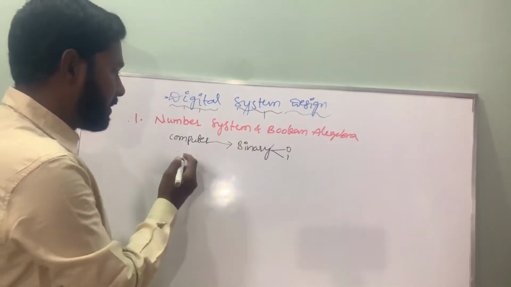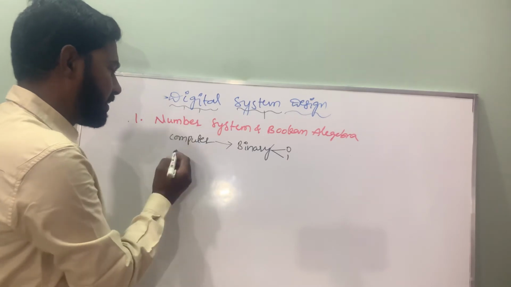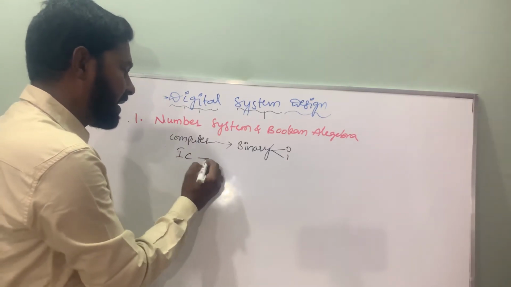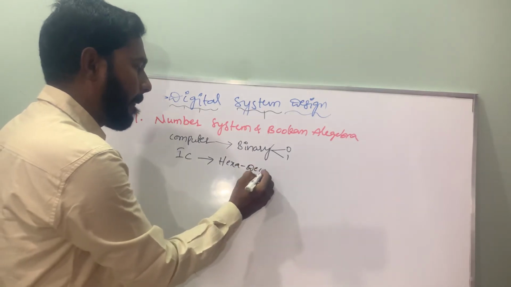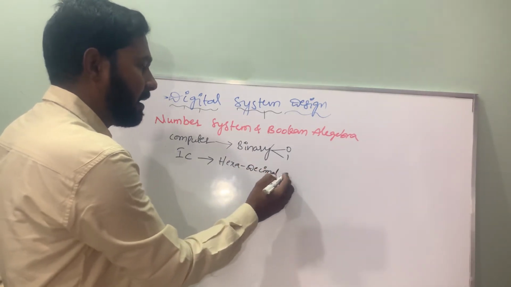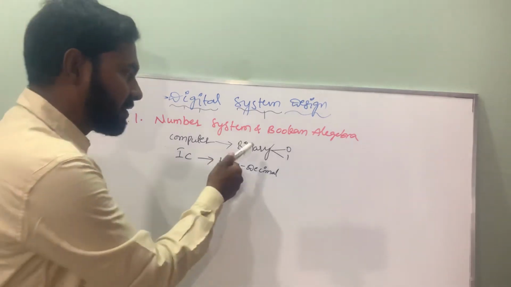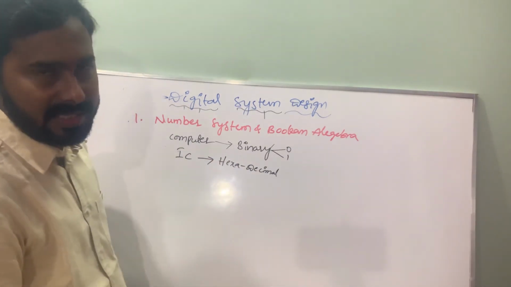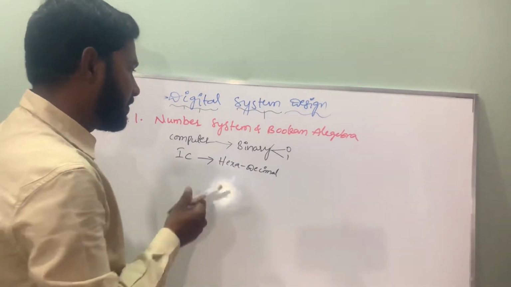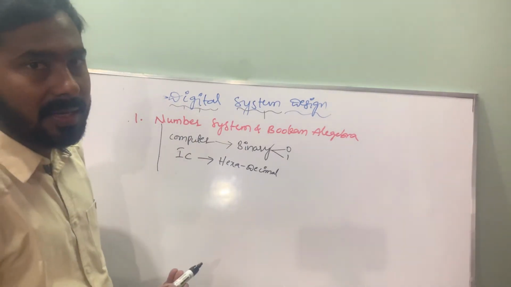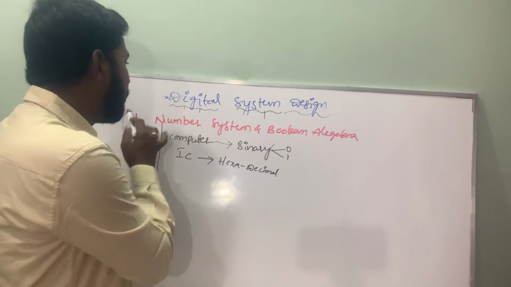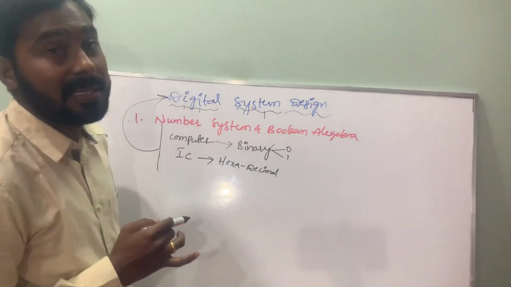Most digital equipment, such as an IC, can understand only hexadecimal language. So we will see what binary, hexadecimal, decimal and octal are, and what the use of these numbers is, and how they are involved in digital systems.